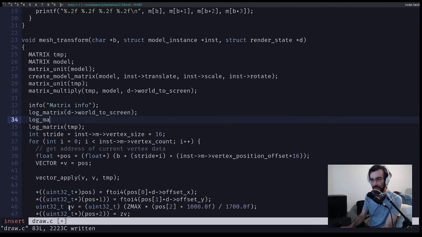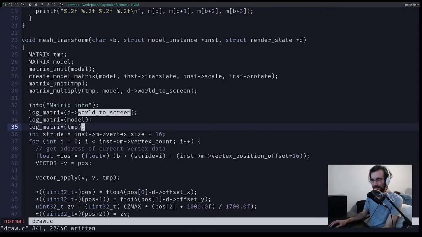Then we'll log the part we know works as well, and then the result of multiplying them together. So we expect this to not balloon Z out to infinity, but to something like 20,000, basically infinity, when you're expecting a number in the range of 640 by 480.